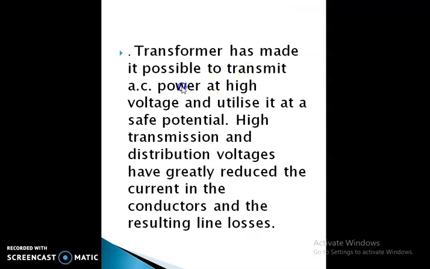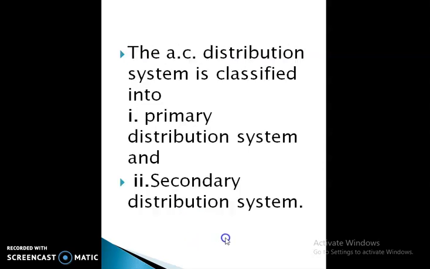The transformer has made it possible to transmit AC power at a high voltage and utilize it at a safe potential. High transmission and distribution voltages have greatly reduced the current in the conductors and the resulting line losses.